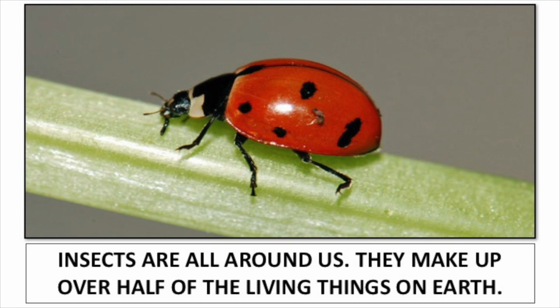So think about that. Over half of everything that's alive on the planet are insects. Because they're so small, there's hundreds and millions of them everywhere. Does anybody know what this type of insect is? Ladybird. Yes.